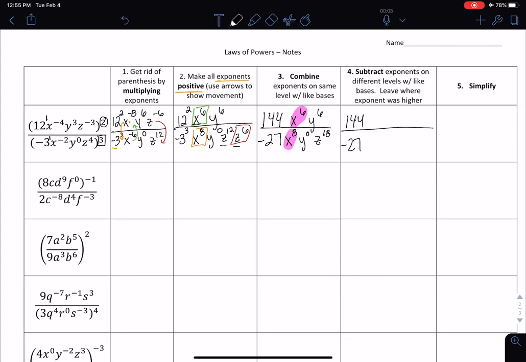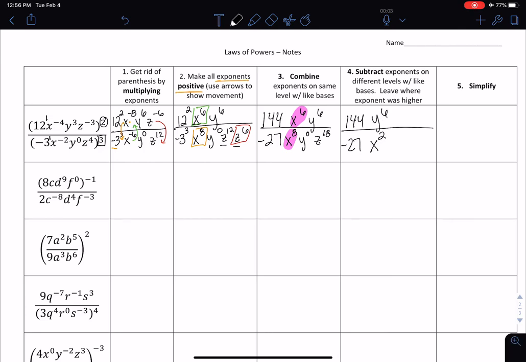So I have 6 on top, 8 on the bottom. So I do 6 minus 8 is negative 2. But it's going to stay on the bottom, the 2 x's. Okay? Now, the 6 minus 0 is just 6, so there's 6 y's.